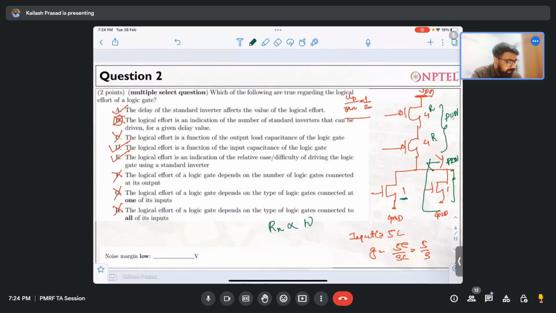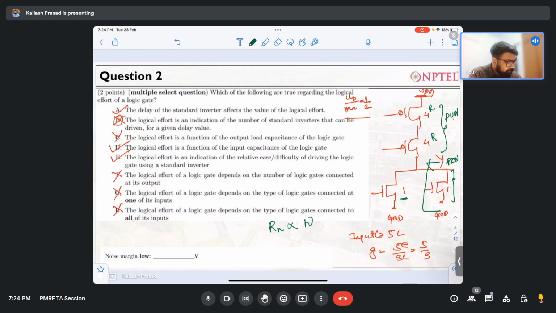Along with that, the mobility of the PMOS is 1 by 2 times that of your NMOS. So first, the resistance has become 2R because of increasing the stack, because transistors are in series. And the second point is the mobility of N is 2 times the mobility of P. To compensate that, I have to again multiply by 2.